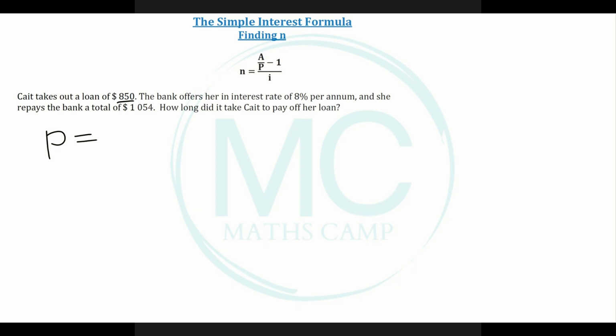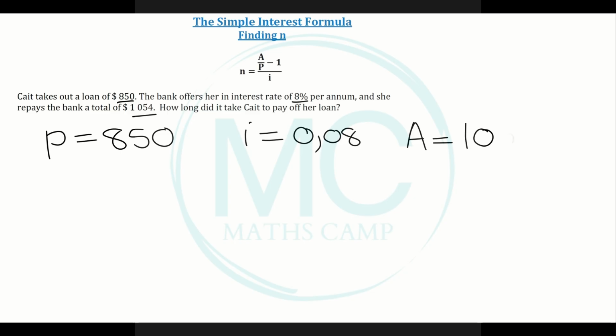So say P is equal to 850. The bank offers her an interest rate of 8%. So I is equal to 8 over 100, which is 0,08. And she repays the bank a total amount of $1,054. It is the accumulated amount. So A is equal to 1,054.